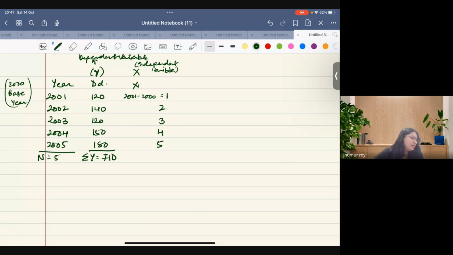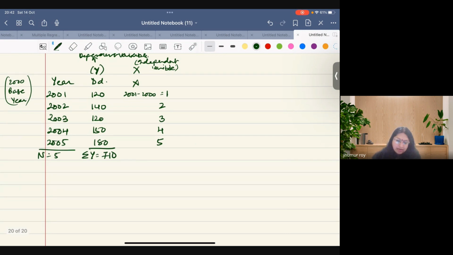After that, we calculate deviations in x, y. So basically, now you take x square.